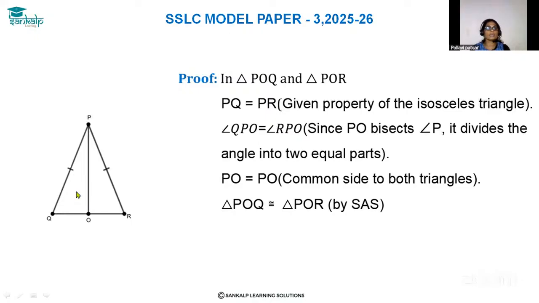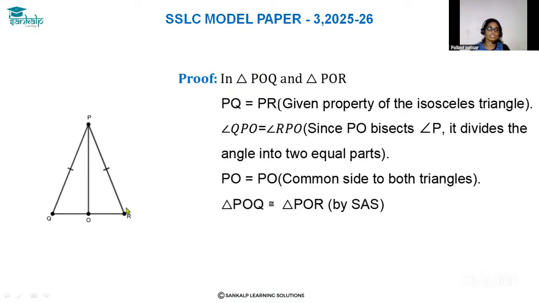Also PO is equal to PO. In triangle PQO, PO side, in triangle POR, PO sides are common sides to both the triangles. So by side angle side criterion, we can say triangle PQO and POR are congruent triangles.